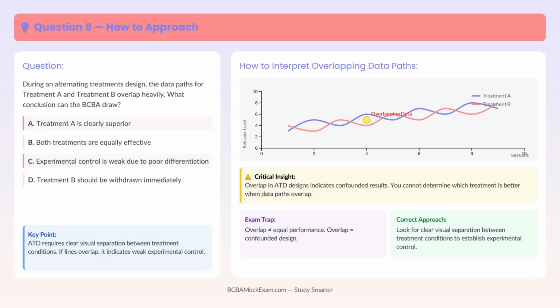Instead, it signals that the results are confounded and not easy to interpret. The key insight is that strong experimental control in ATD requires good differentiation between conditions. When paths overlap, any conclusion about superiority or equivalence is not justified. This is a common exam trap, so it helps to link overlap directly with weak control.